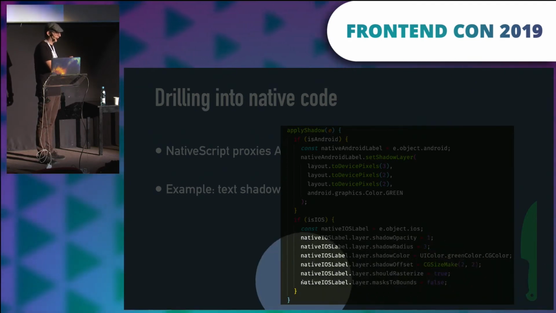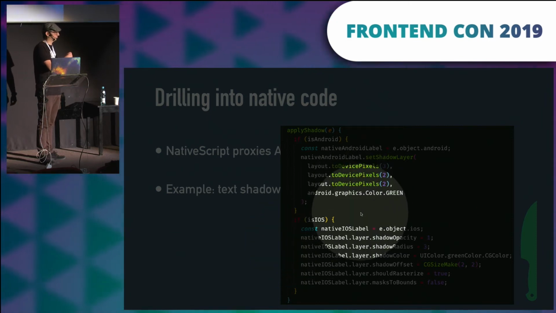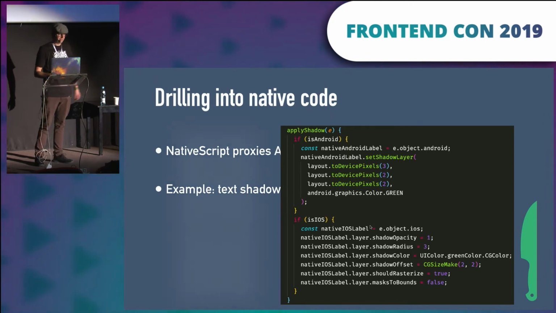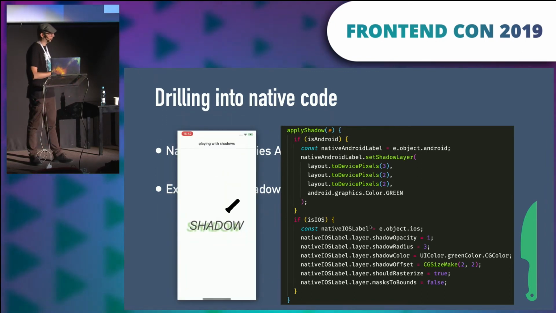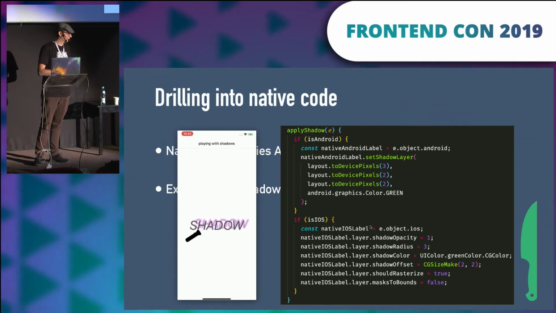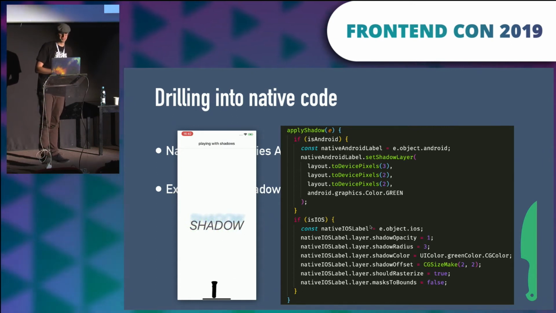But yeah, as you can see, it's very easy, and I can do that in my code. So I actually did this, and I started playing with shadows, and I built this demo application just to play with these shadows. It's on the playground if anyone wants to check it out.